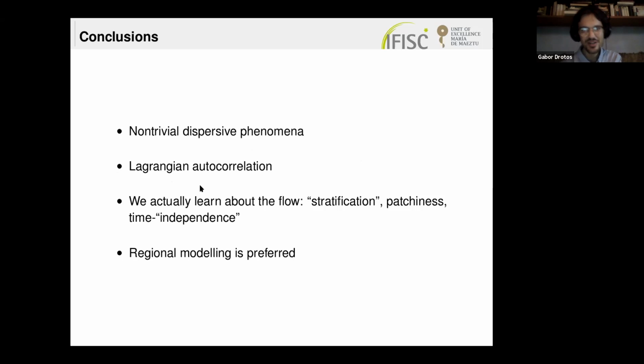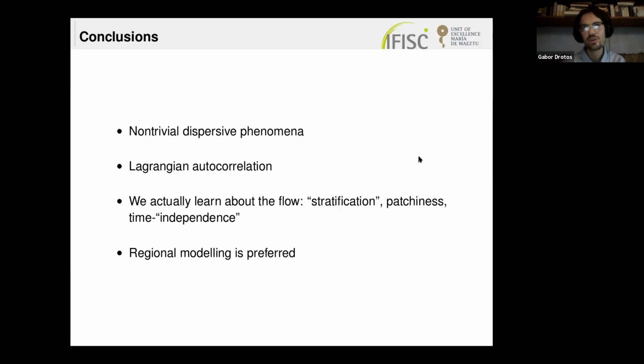What is more surprising is that by this investigation, we learn about the flow, how the flow is organized, both in the vertical, in terms of some stratification, by which I mean here the presence of different flow regimes in different layers, like the mixed layer, so it is clearly seen. And also the importance of the patchiness of upwelling and downwelling.